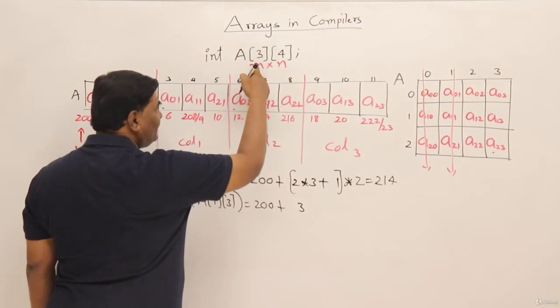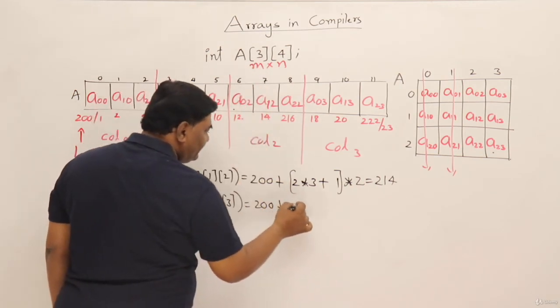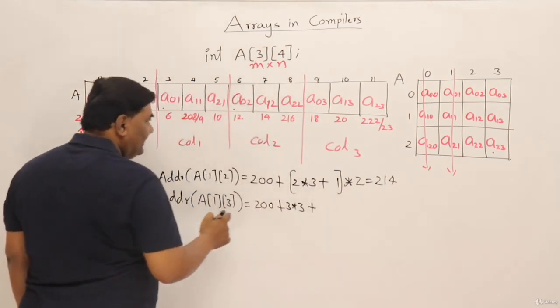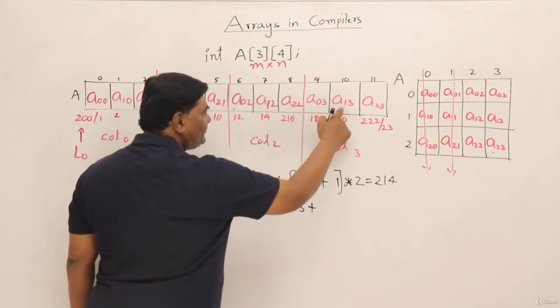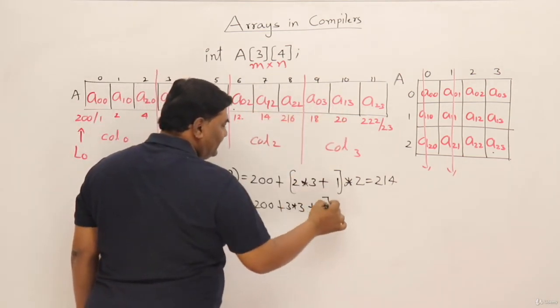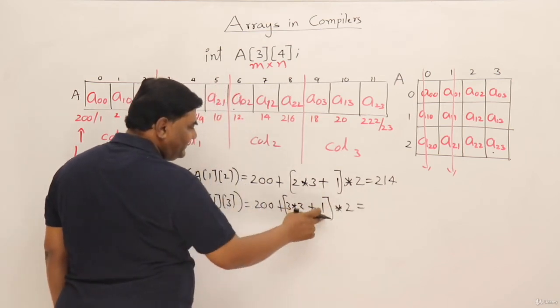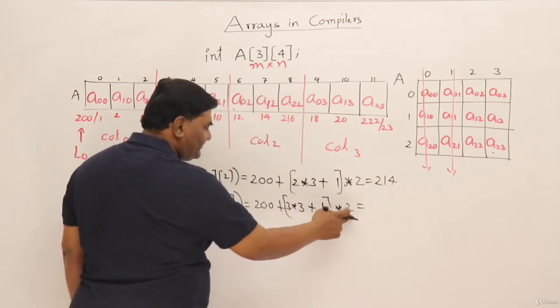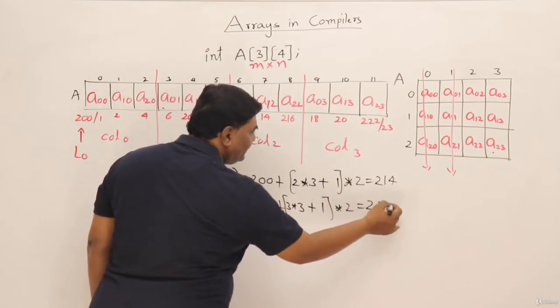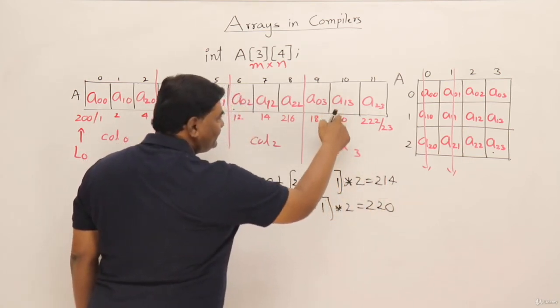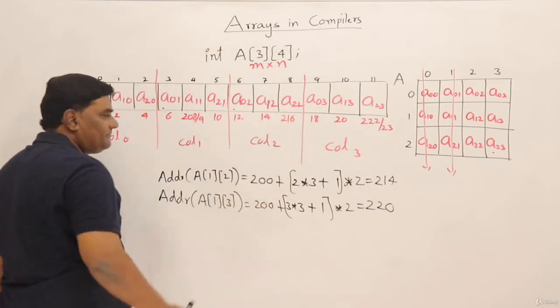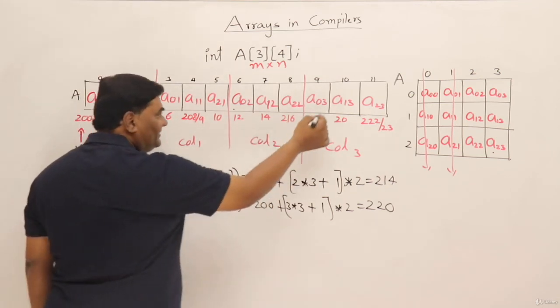These are 3 elements. So this is 3 into 3 plus. Now once I reach here, how many elements should I move forward? Just one element. So this is multiplied by 2, and this is 9 plus 1, 10 into 2, that is 20, 220. So 220 is the address. Yes, 220. The element is here.